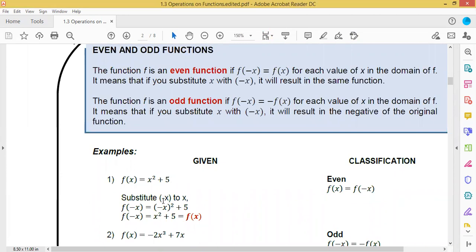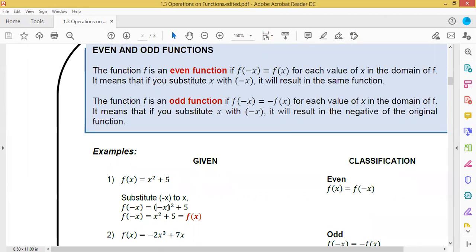Let's substitute negative x to the value of x. Remember that when a negative number is raised to an even exponent, the answer is positive. But if a negative number, like negative x, is raised to an odd exponent, the answer is negative.